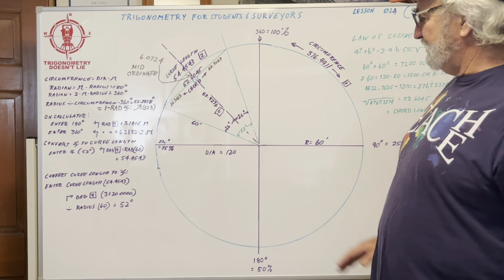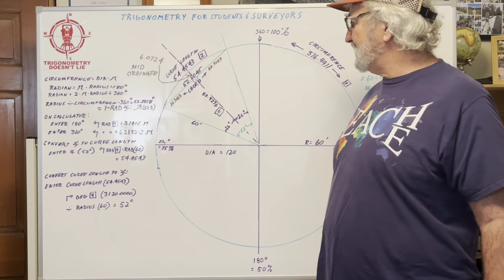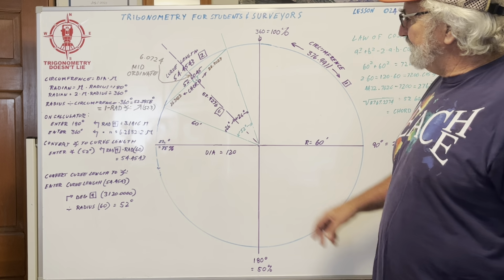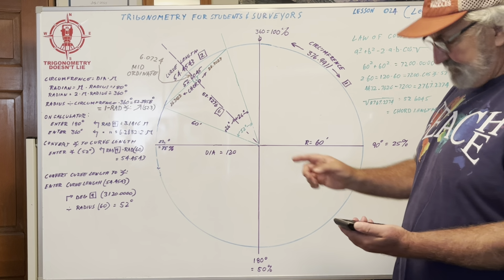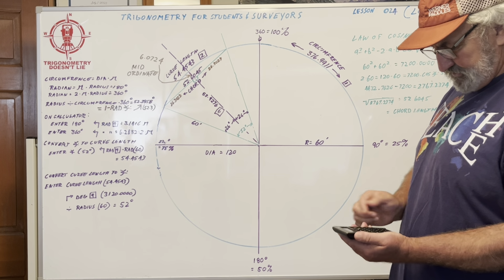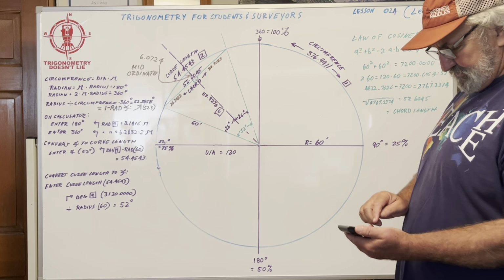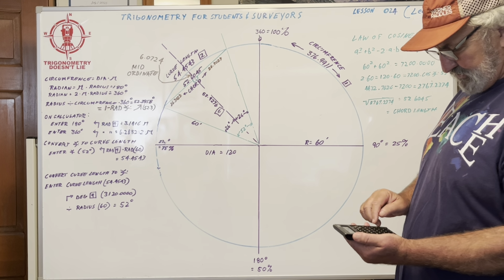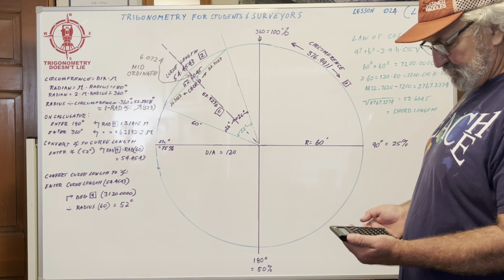Now we want to solve the angle from the curve length. We'll do it more or less the same way. We have 54.4543 stored as 2. We'll go recall 2, enter. Then we're going to recall 1, the circumference, and divide. And that's 0.144.